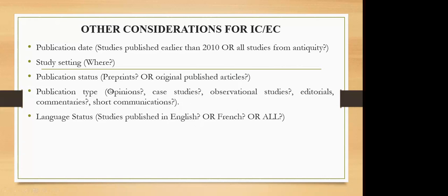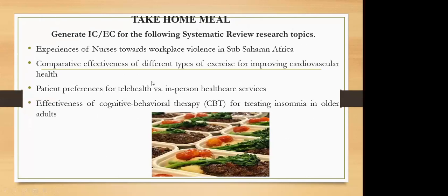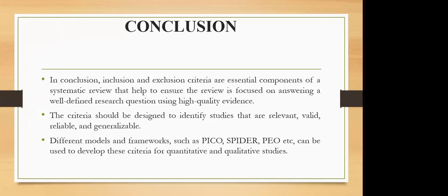If you have an ongoing review and you've included case studies published in English, studies published in South Africa, or North Africa, or China and all that, it is very, very important that you clearly outline it in your inclusion criteria.